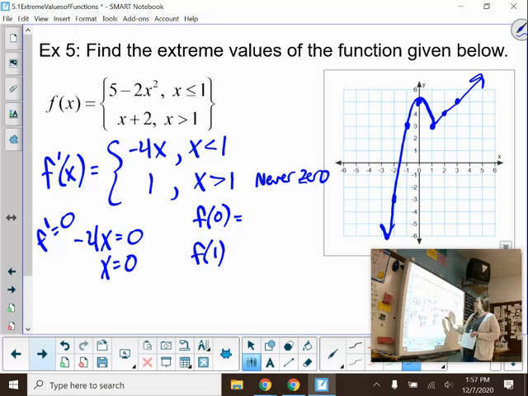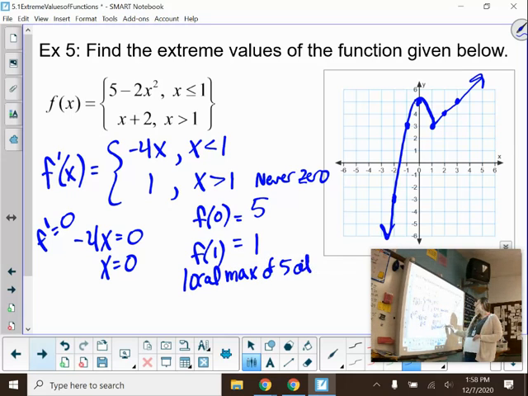Well, you can see at 0, I'm going to return a value of 5. At 1, I'm going to return a value of 1. Because of the way this graph is set up, because you have an arrow going continuously down and an arrow going continuously up, these are both local extrema. So we actually have a local max of 5 at x equals 0, and a local min of 1.